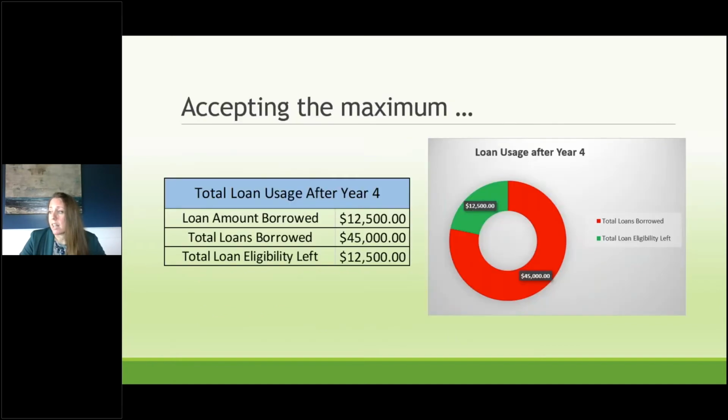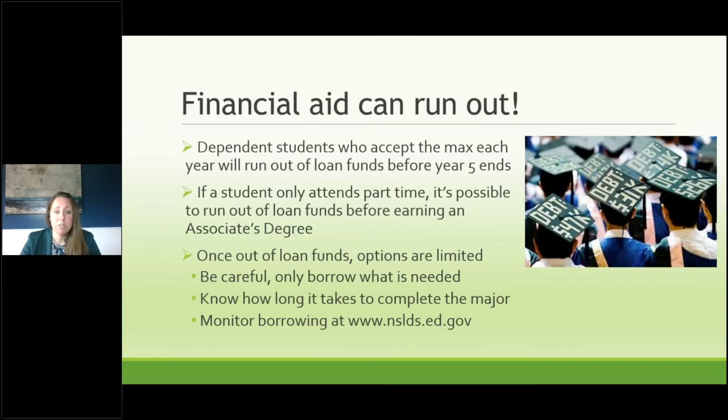What's scary is that not a lot of students can complete their bachelor's degree in four years anymore, especially if they're going to go part-time. So it's really important that the student keeps an eye on how much they're borrowing so that they don't run out, because it is easy for financial aid to run out, especially when they're accepting the maximum.